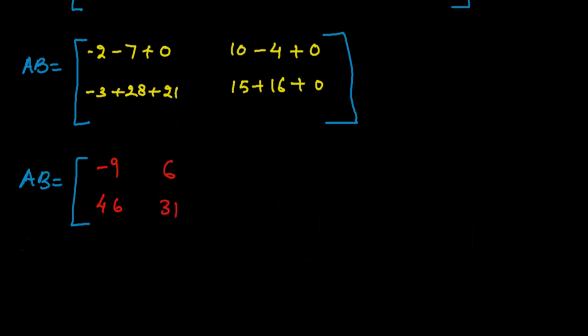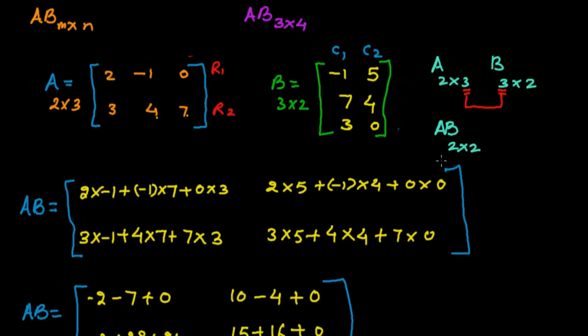So we have got this 31 here. So this is the AB matrix. You see the order of this matrix is 2 by 2. What we have seen earlier, I explained you the order we will get 2 by 2 here. So we have got the order 2 by 2.